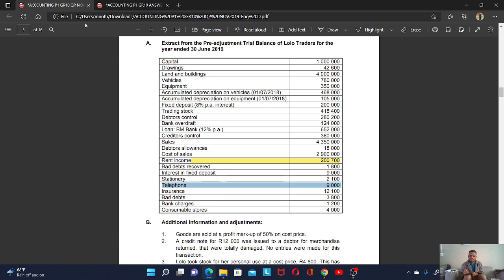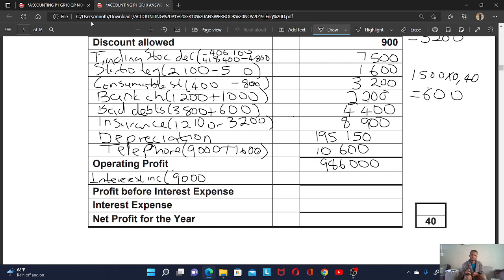The fixed deposit is 200,000 at 8%. So 200,000 times 8% times 9 over 12.